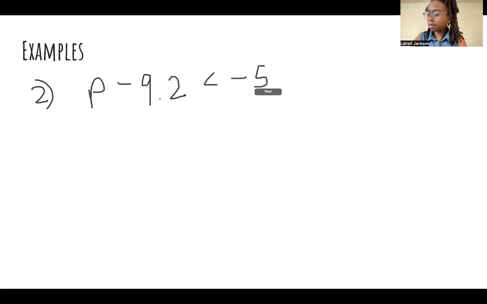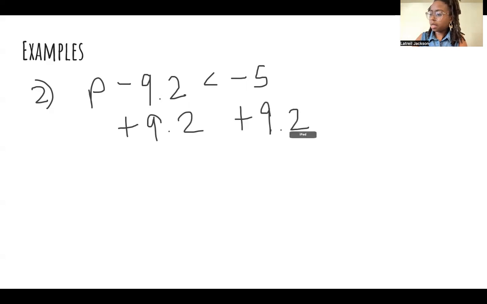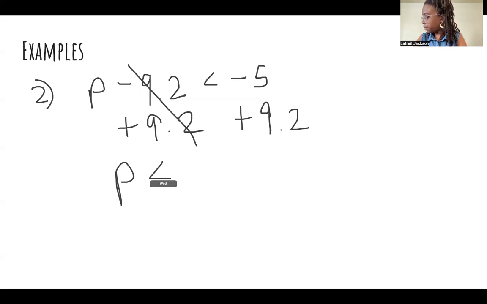So we add, once again, 9.2 on both sides. That cancels out, and we're left with p is less than 4.2. All right, so p is less than 4.2.